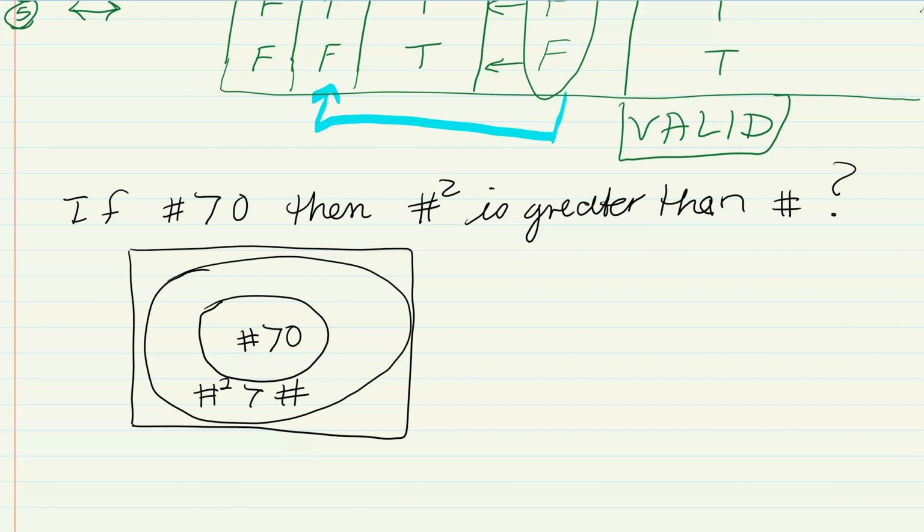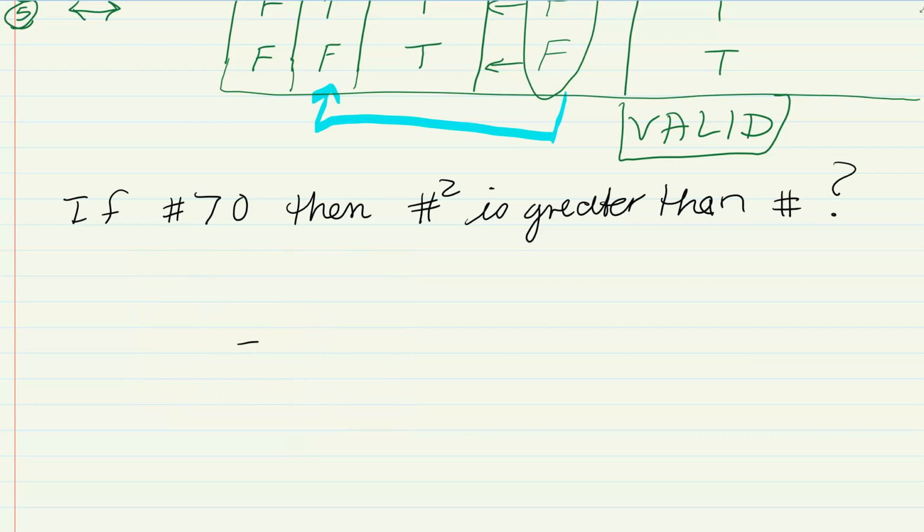Okay, so if this Venn diagram is complicated for you in terms of visuals, just think about this. Another way to translate this if-then statement is all numbers greater than 0 have a square greater than the number itself. Now, in order for this to be true, we have to show that every single number greater than 0 has a square greater than the number itself.